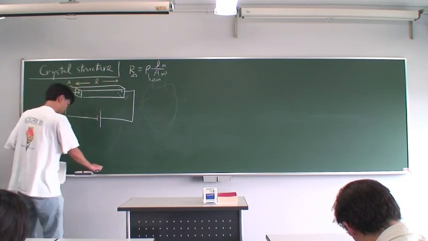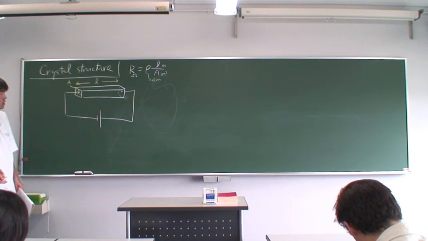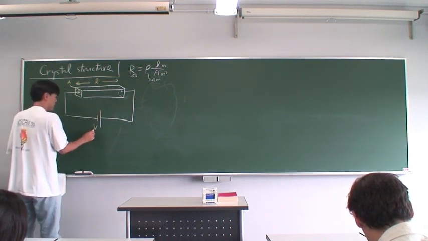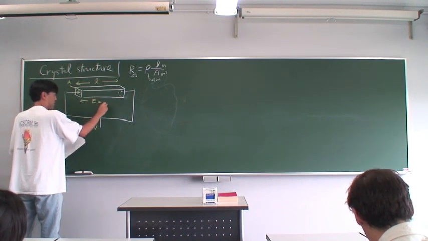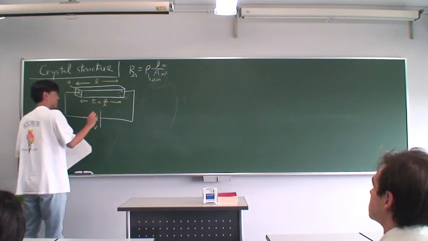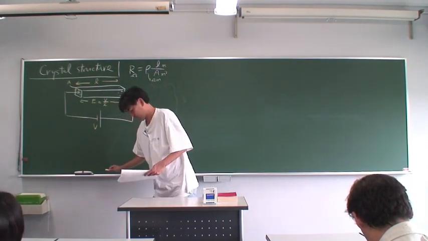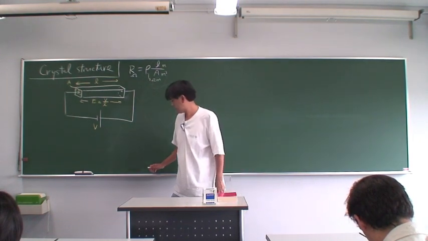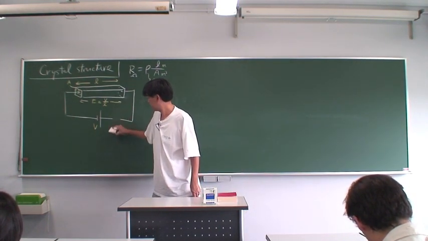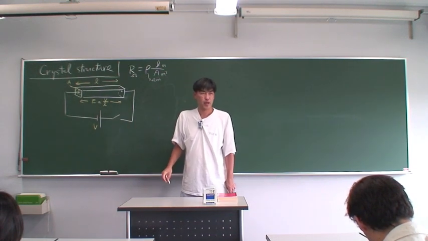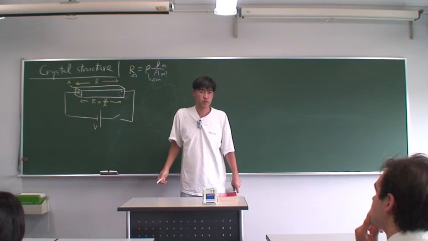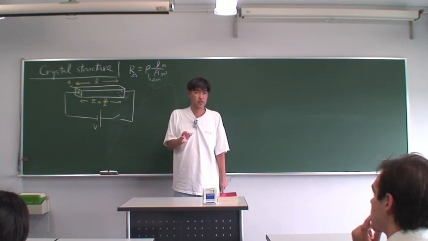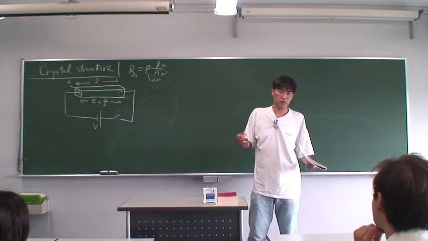So let's just think about, even for this simple electronic conductor, why the crystalline structure is important. Here I have a voltage V, so the electric field is given by V over L. For the moment, let's just switch off the circuit. And there are electrons in the crystal moving around. What is the driving force for the electron to move around? The energy is given by the thermal energy.